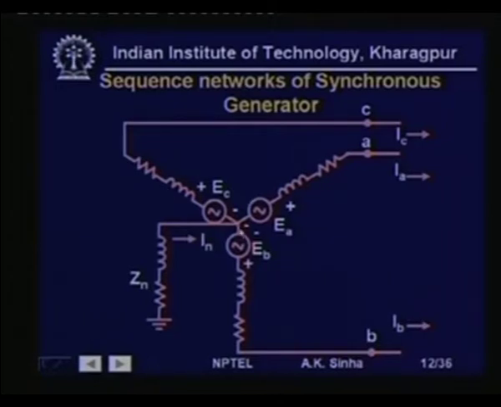Now, if that is the case, then the current will flow in through this, because if IA, IB and IC are flowing like this, then IN will be equal to IA plus IB plus IC, which is same as 3 times I0, and therefore, if we see the voltage drop from this point to this ground point, then this will be 3 I0 into Zn, which we can write as I0 into 3 times Zn.